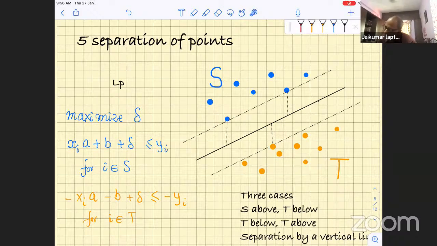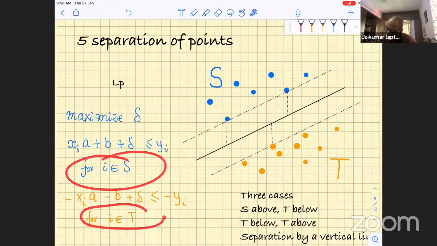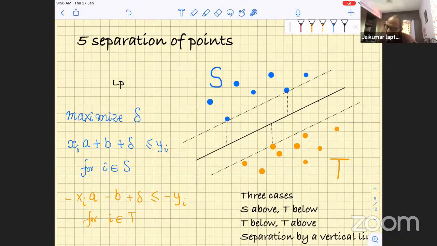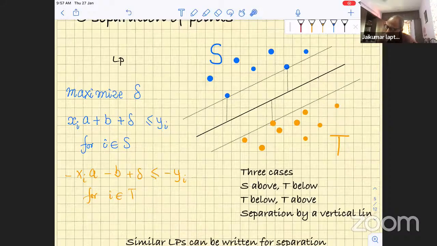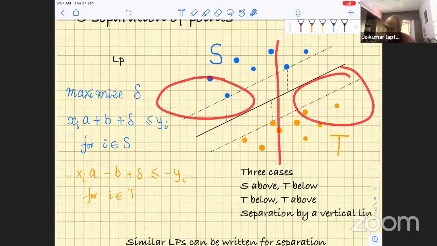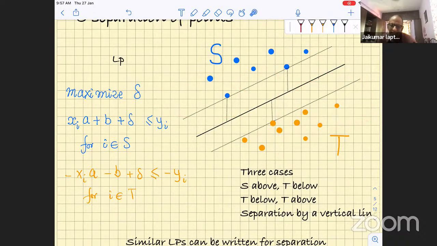The other case would be that the orange points were above and the blue points below, so you just exchange the conditions here and solve the LP and see if you get a positive delta. And there is the degenerate case where all the blue points are on one side and the red points are on the other side, and there is a vertical line that separates them. That won't take you much time to find out, standard linear time, I suppose.